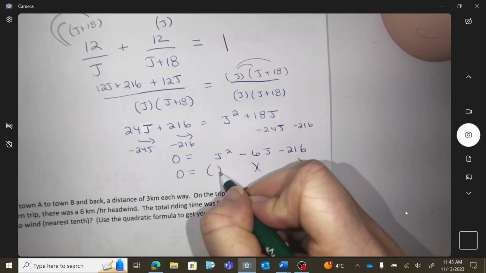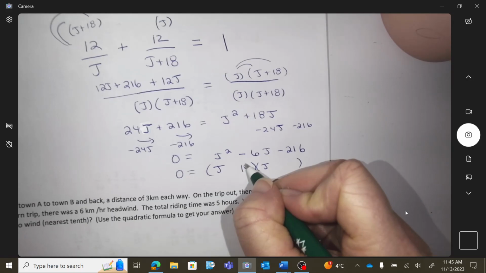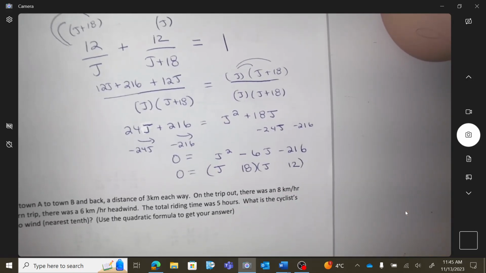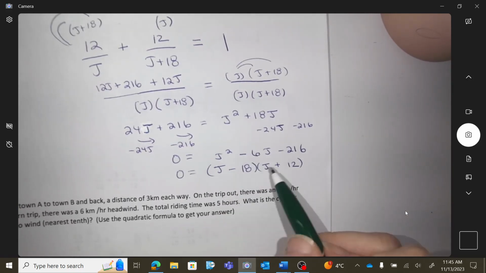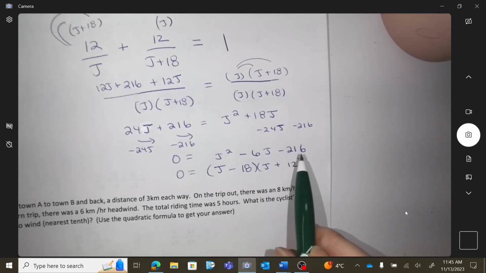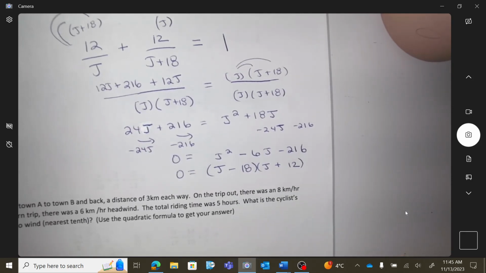What if you just really couldn't find those two factors? What else could you just do? There's always a formula. There's always that quadratic formula too. So I need to get a minus 6 and a negative 216. So that's working, right?